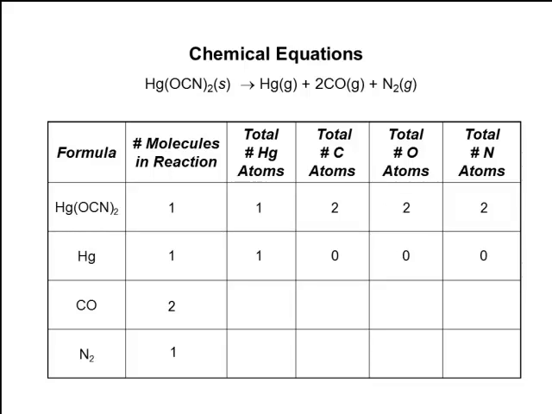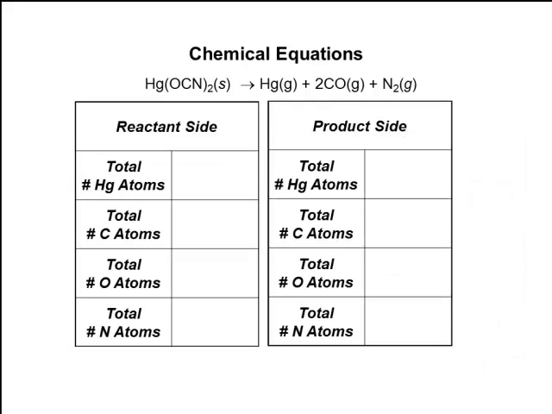For the two molecules of CO, we have 0 mercury atoms, 2 carbon atoms, 2 oxygen atoms, and 0 nitrogen atoms. And for one molecule of N2, we've got 0 mercury, 0 carbon, 0 oxygen, 2 nitrogens. So once again, when we look at our totals, the total number of each type of atom on the reactant side equals the total number of each type of atom on the product side. So our law of conservation of mass has been maintained.